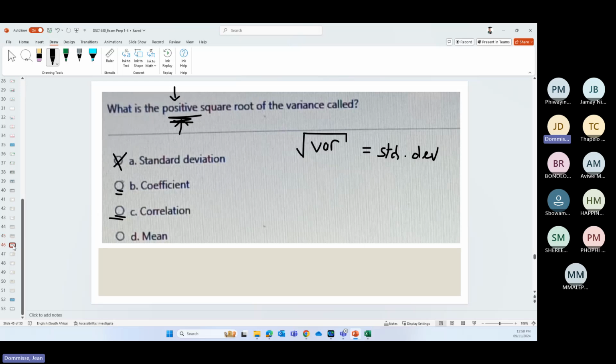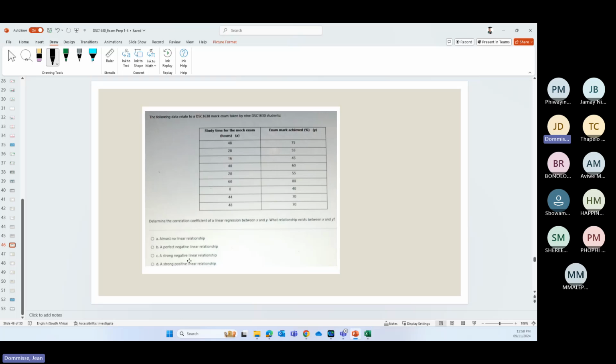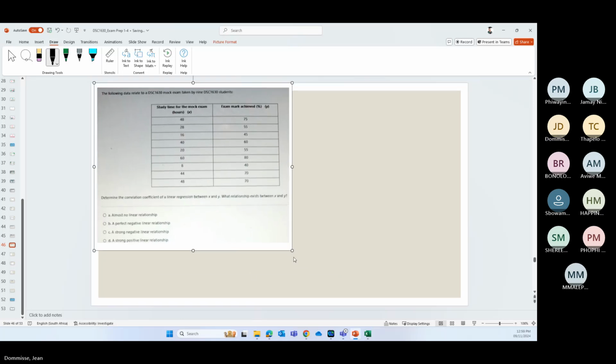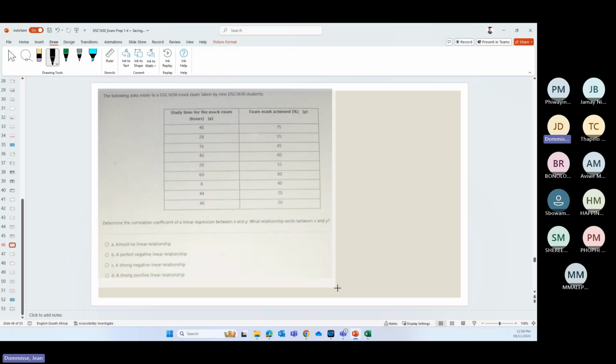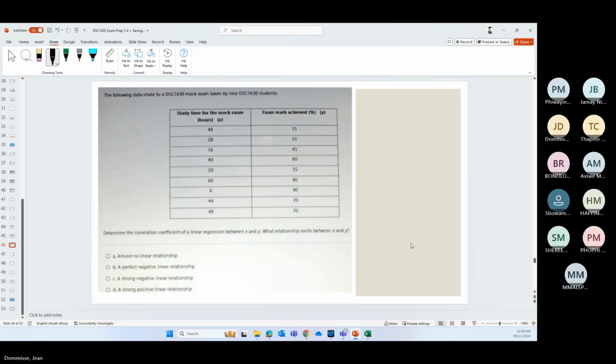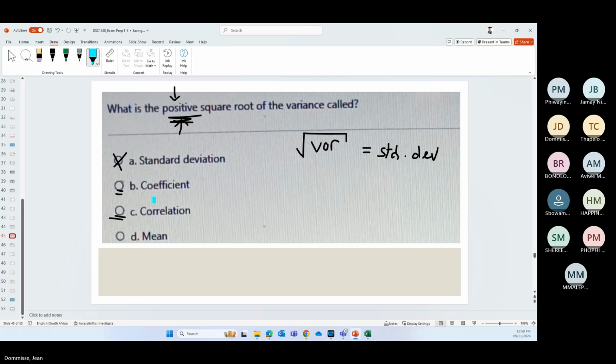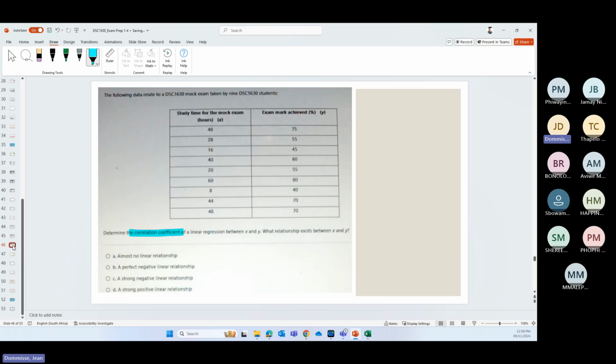Okay, so let's look at another one. And here what we have is a data set, and they ask us now to look at the typical correlation coefficient. So that is also why this might come even after a question like this, so that it sometimes confuses one.